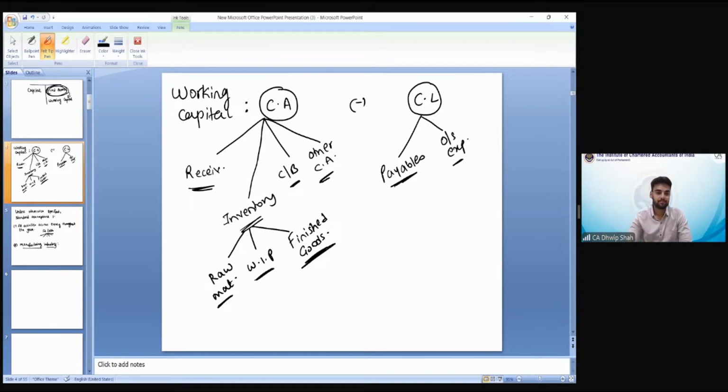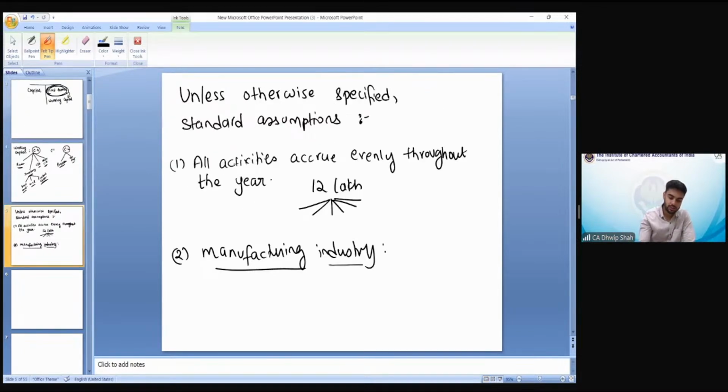Are you following? Last but not the least, our estimation of working capital would be for the entire coming year. Means how much working capital is needed for our business in the coming year. We would be finding that. We would be calculating that. Okay?